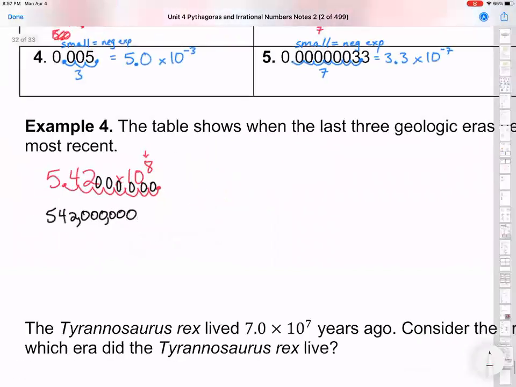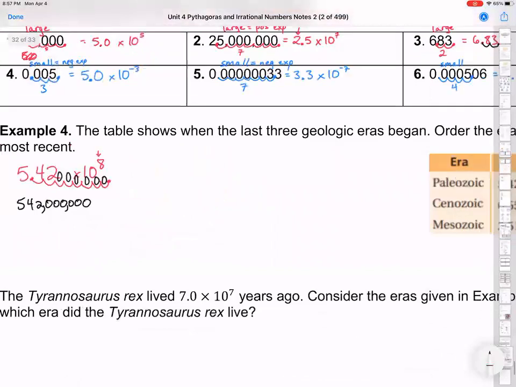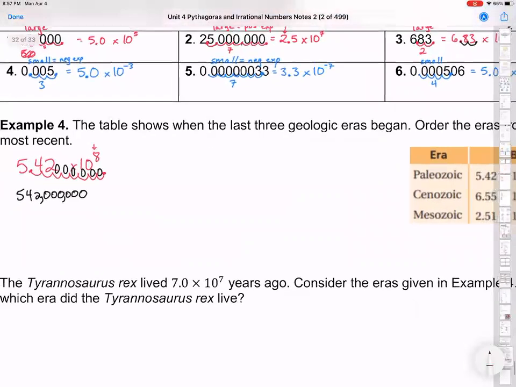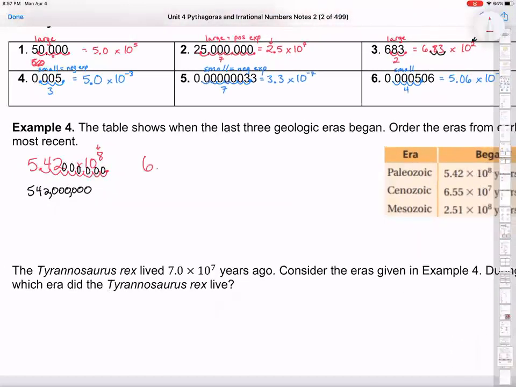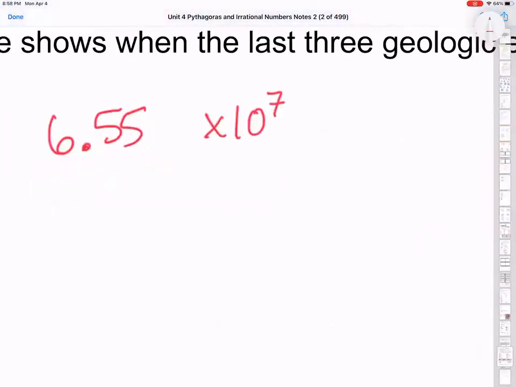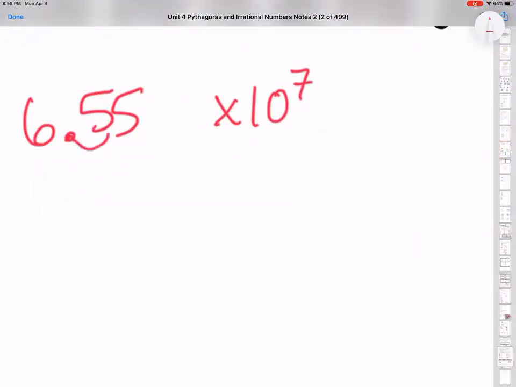For the Cenozoic, we have 6.55 times 10 to the 7th. Very similarly, all you're going to do is move that decimal over 7 times. So 1, 2, 3, 4, 5, 6, 7.